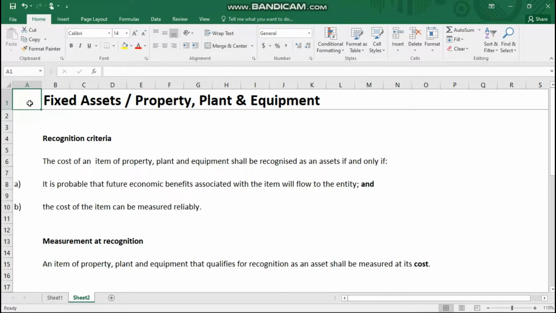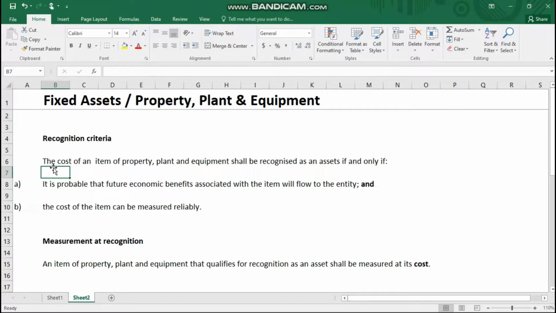Recognition criteria: the cost of an item of property, plant, and equipment shall be recognized as an asset if and only if certain conditions are met. There are two conditions in the recognition criteria. First, it is probable that future economic benefits associated with the item will flow to the entity, and number two, the cost of the item can be measured reliably.